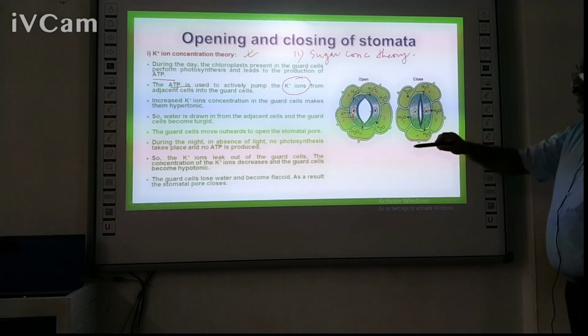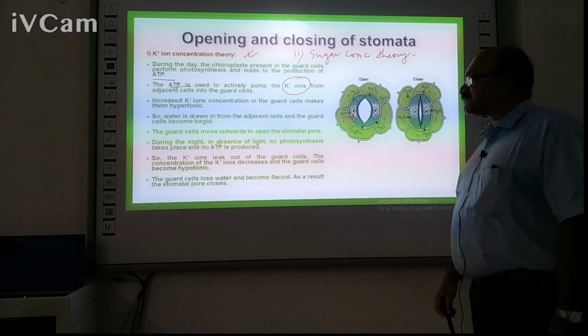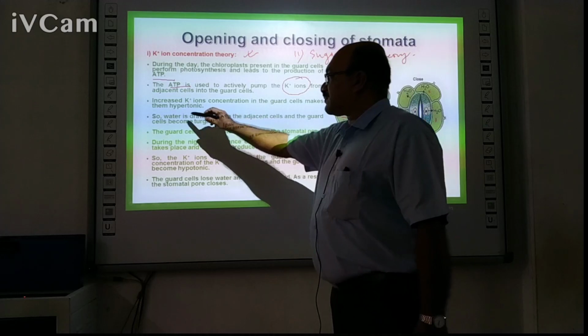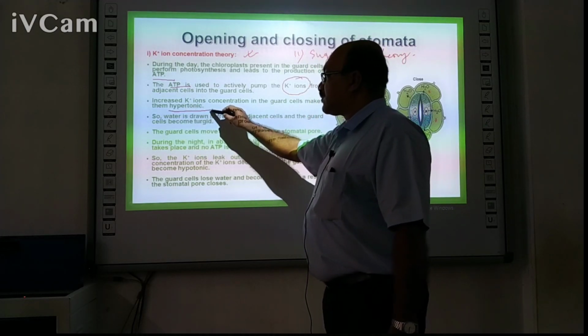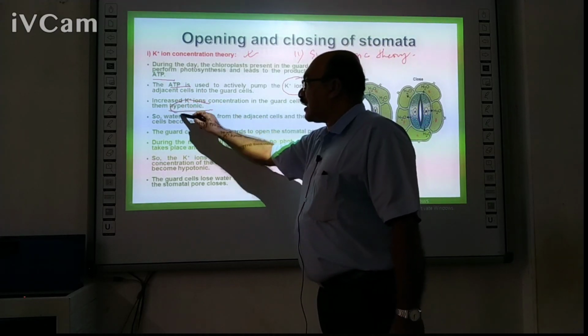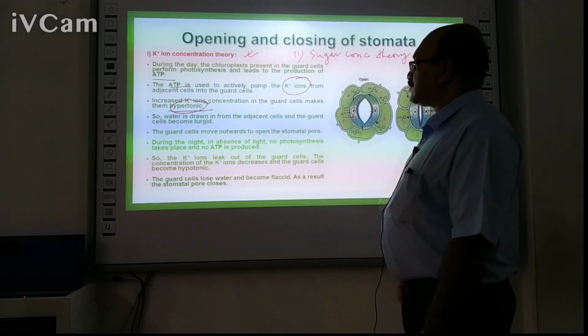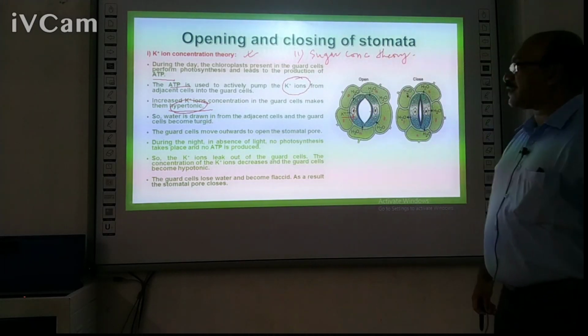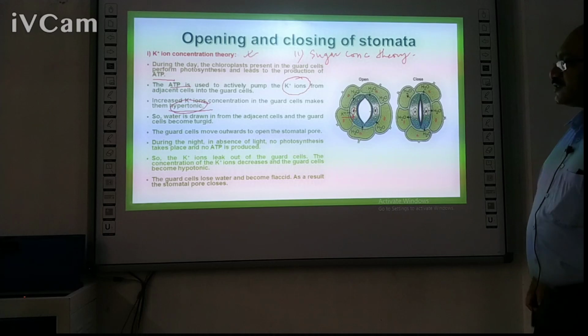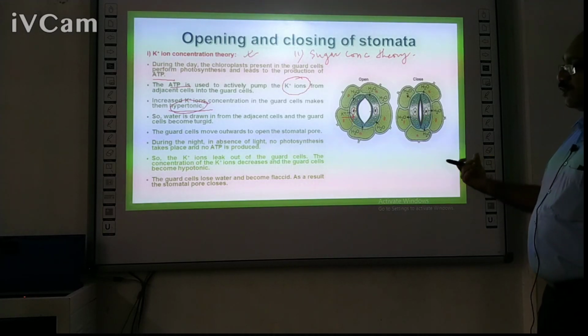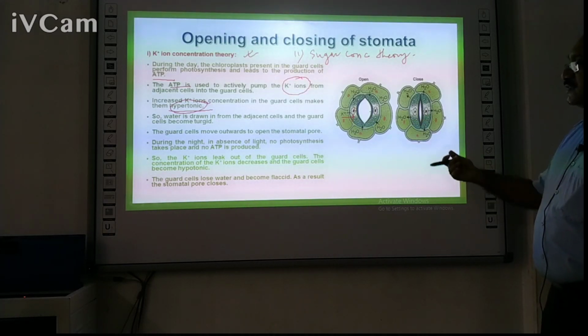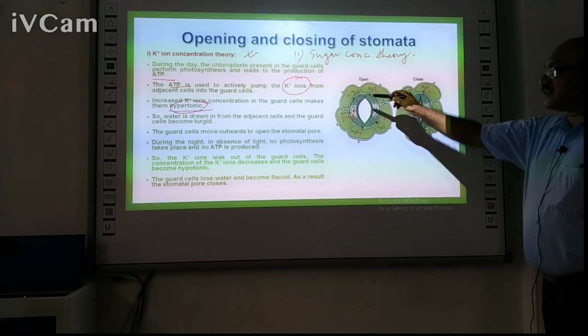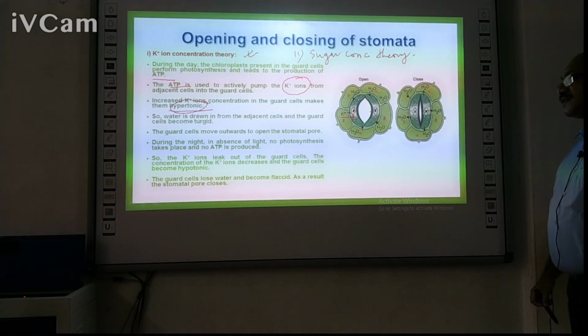As the potassium ions enter the guard cells, the cell sap becomes concentrated and it becomes hypertonic. So, the guard cells become hypertonic because of the entry of the potassium ions. More and more potassium ions are entering, utilizing the ATP, and that is making the guard cells become hypertonic.